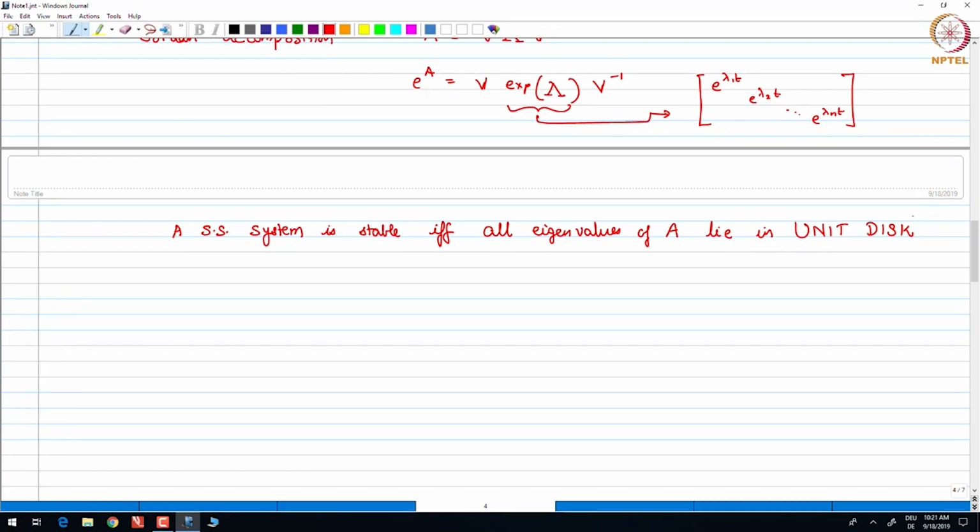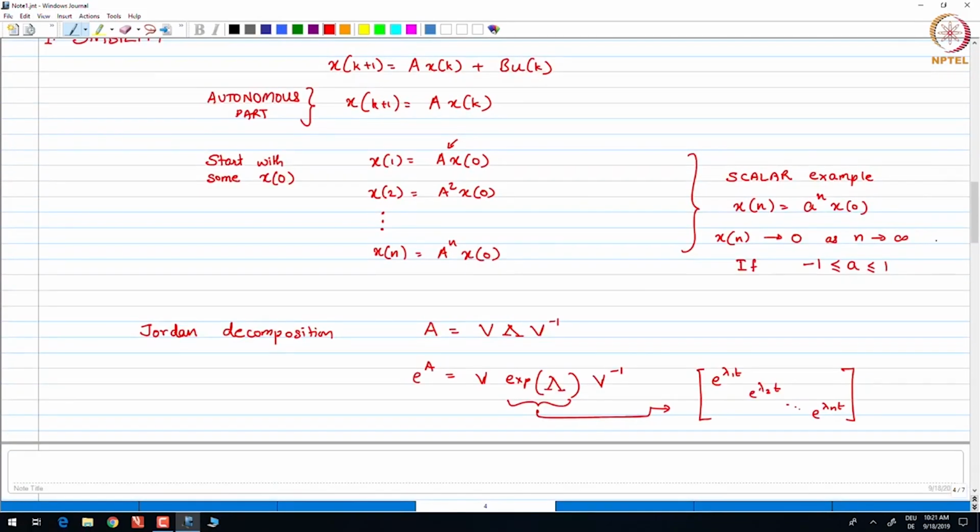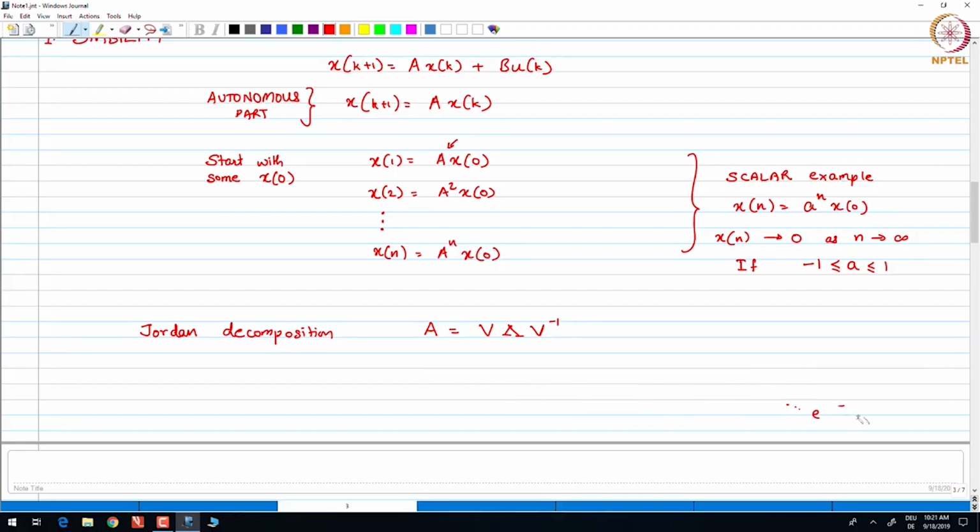It is a power n, sorry, you are right. This was based on a power n. It is not e power A. In fact, if we look at e power A, then we should be looking at this in the left half plane. Thanks, sorry about that.